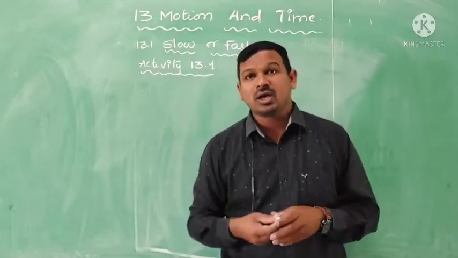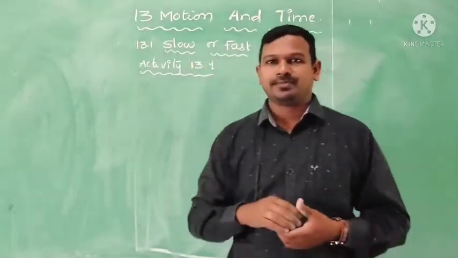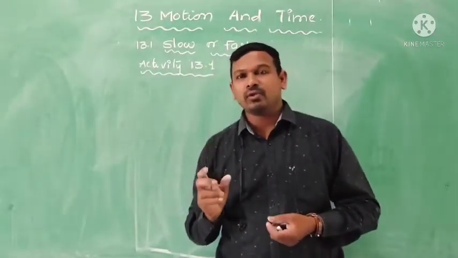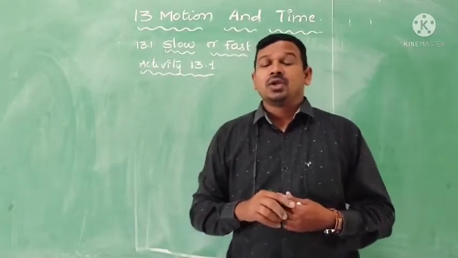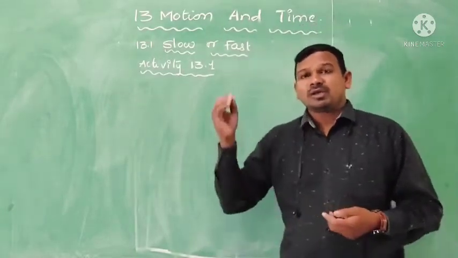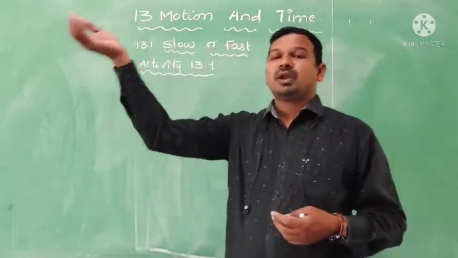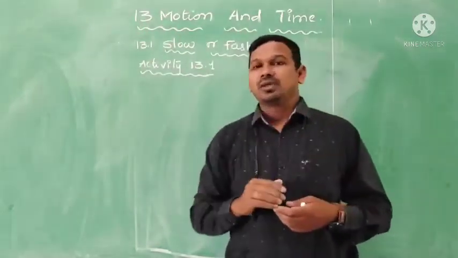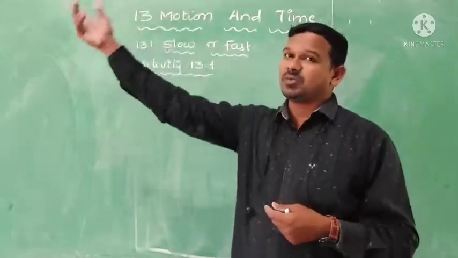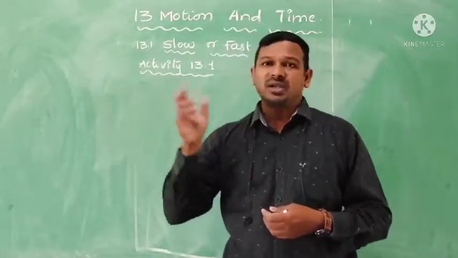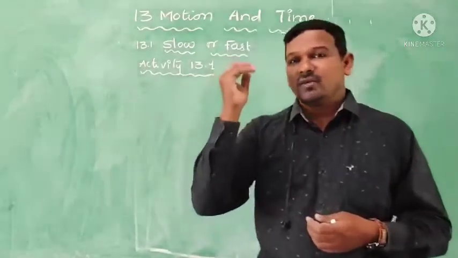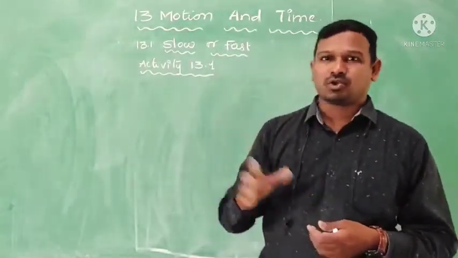For example, you also come from home to school, and it takes some time to travel from there to here. Right? When you start from that point, the initial point, and reach the school, the destination, the final point, the time taken to cover the distance will decide whether you are coming very fast or slow.